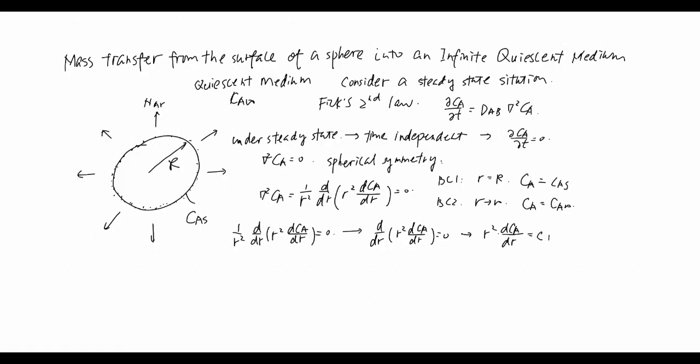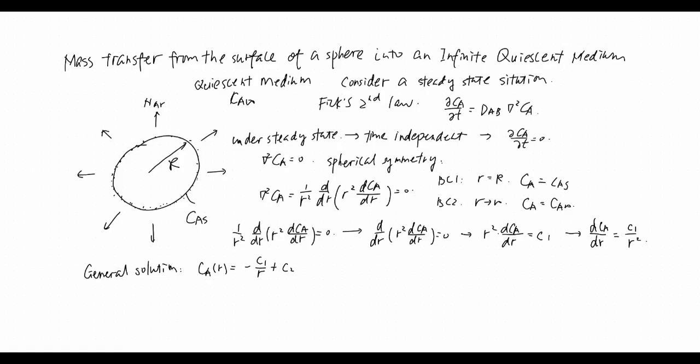Then you can say dCA/dr equals C1 divided by r squared. Then you can integrate it again, so you get a general solution, which is CA as a function of r is minus C1 divided by r plus C2. C1 and C2 are constants of integration to be determined by boundary conditions.